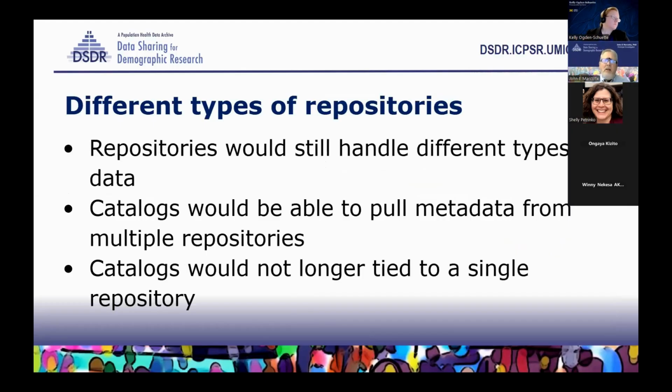So we would still have different types of repositories. The repositories would still handle their specialized types of data, but the catalogs would be able to pull metadata from multiple repositories. And the vision is that the catalog would no longer be tied to a single repository. While you primarily could pull from your own repository, you would also have the ability to pull from other repositories.